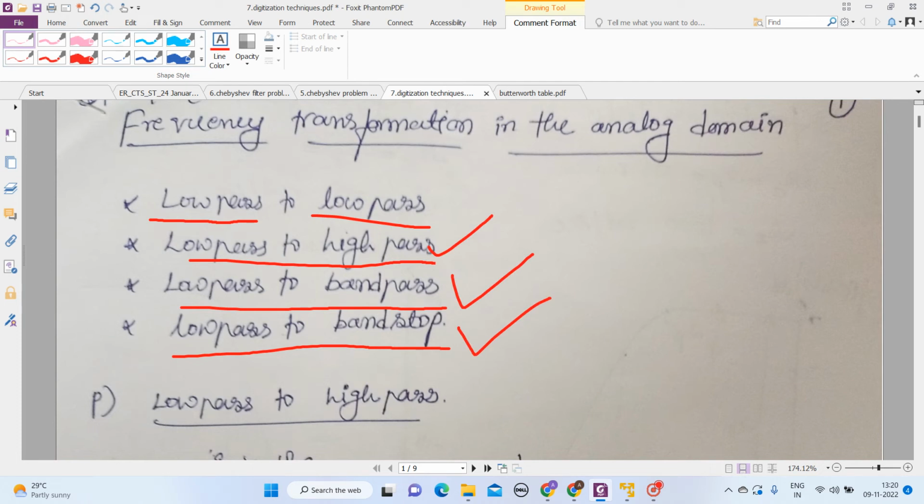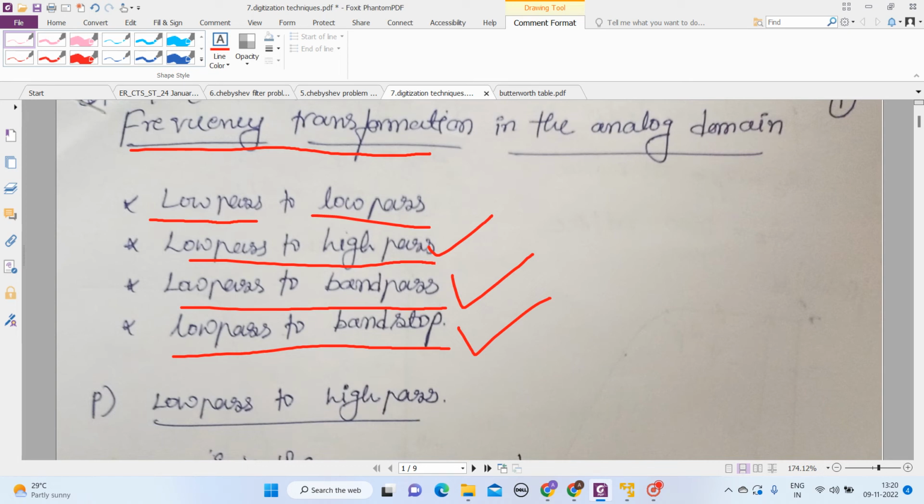We have some steps, we have to follow those steps, and it is possible to design the other types of filters using the frequency transformation. But those filters are in the analog domain.